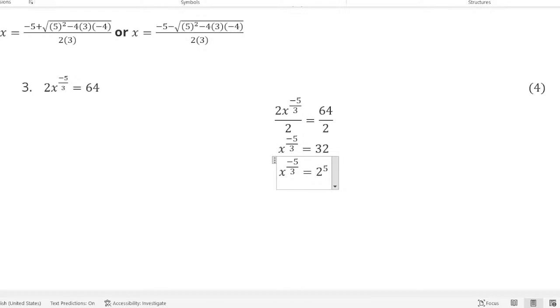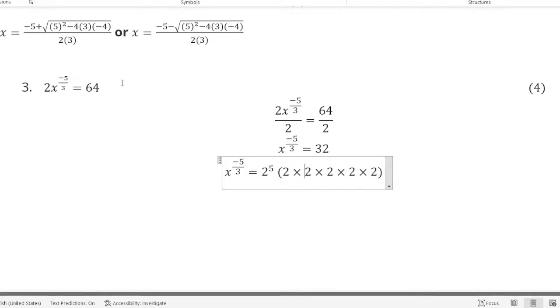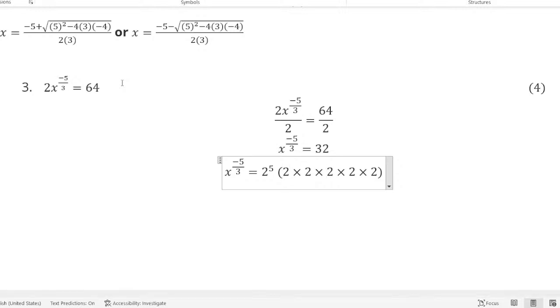Remember, 2 to the power 5 is the same as 2 times 2 times 2 times 2 times 2. So 2 times 2 is 4, 4 times 2 is 8, 8 times 2 is 16, 16 times 2 is 32.